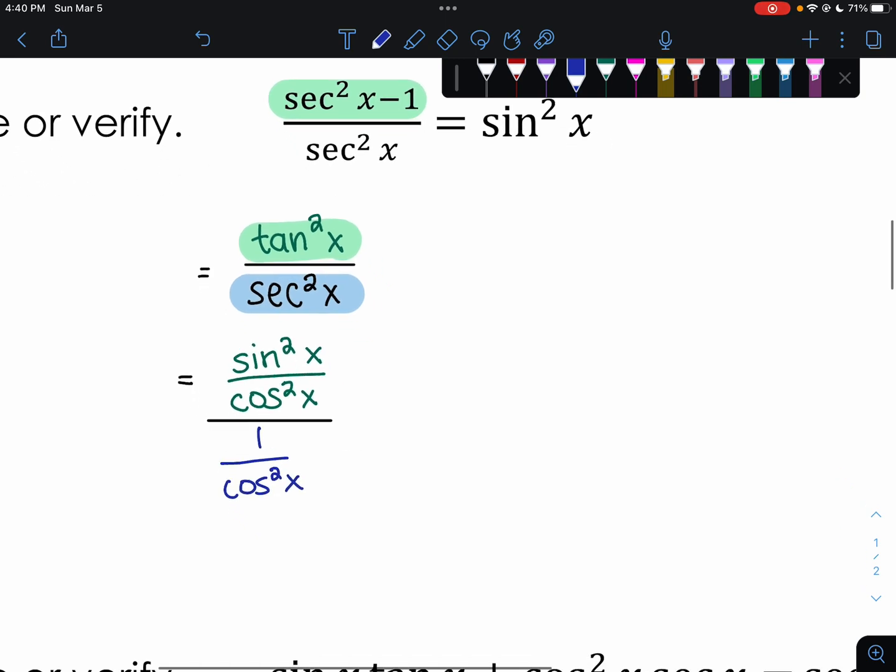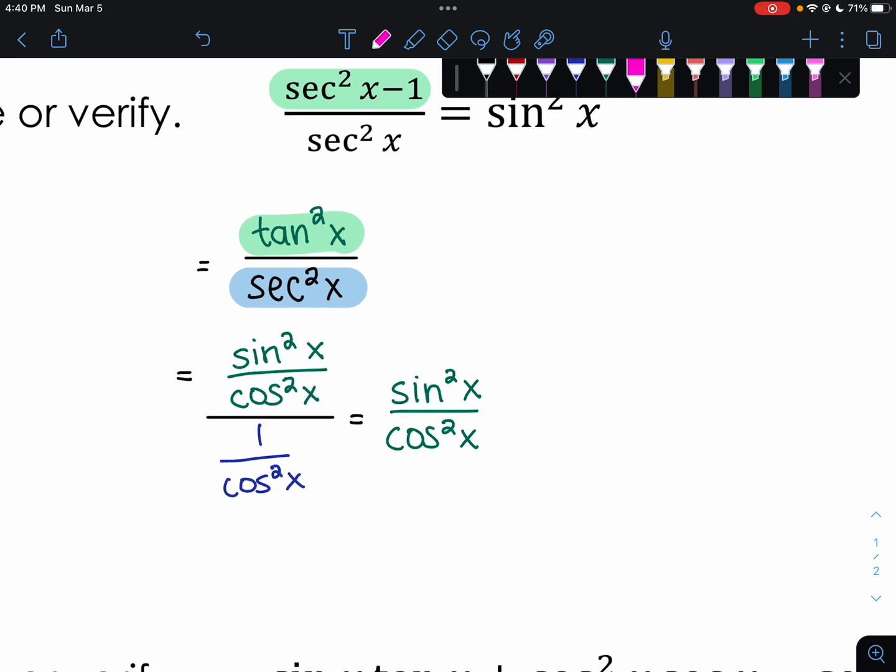Now, again, we don't like dividing fractions by fractions, so we do our keep, change, and flip. So sine squared x is going to stay the same over cosine squared x. We are changing to multiplication. We are flipping 1 over cosine squared x to cosine squared x over 1.